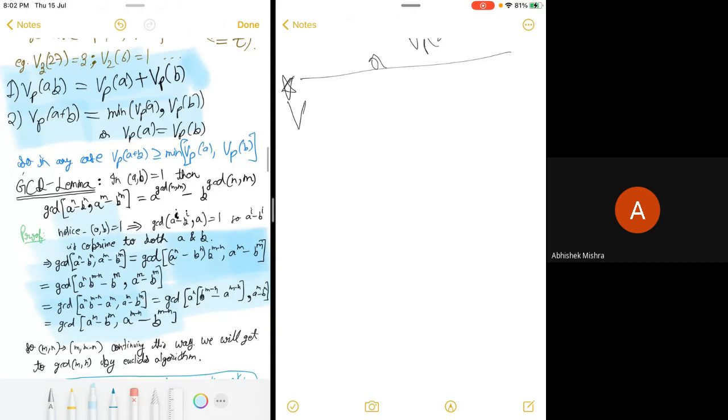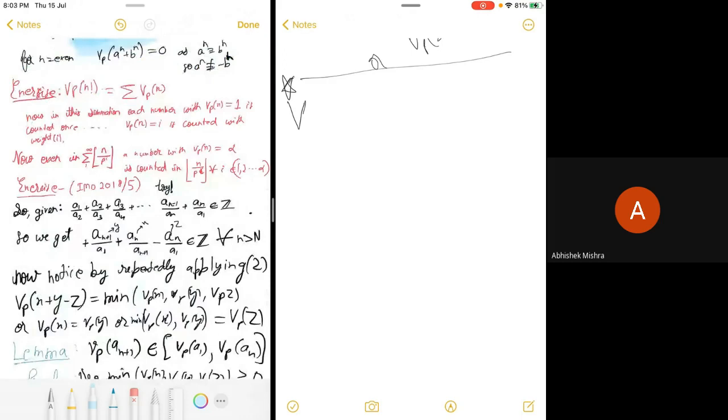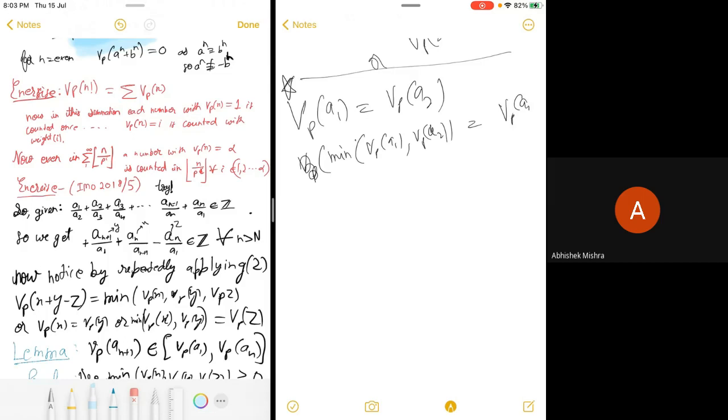So the statement is that either Vp of A1 is equal to Vp of A2, or the minimum of Vp of A1 and Vp of A2 is Vp of A3, or continuing in this way, finally the minimum of Vp of A1 and Vp of A2 is Vp of A1 plus A2. Yes.